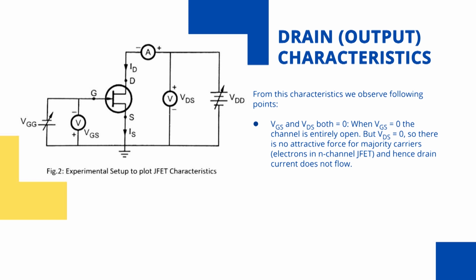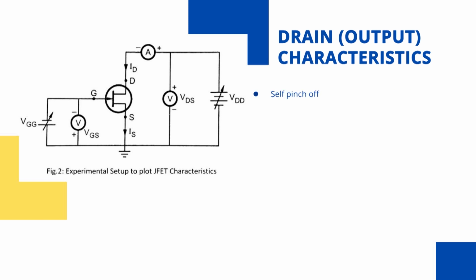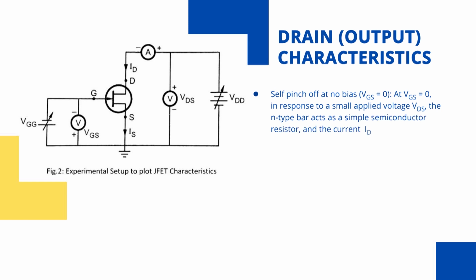So, there is no attractive force for the majority carriers to move, hence there will be no drain current flowing in the circuit. Here our majority carriers are electrons. So, when VDS is 0, no current flows in the circuit. Self pinch-off at no bias, that is at VGS equals 0.